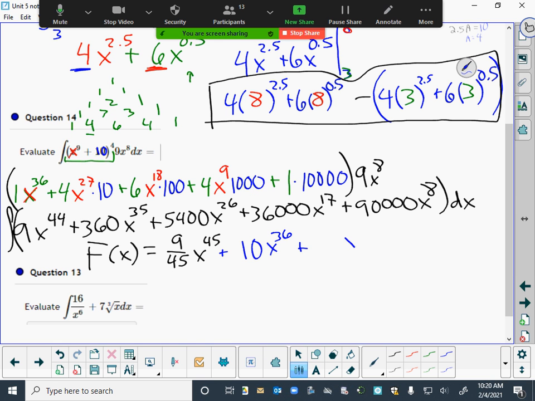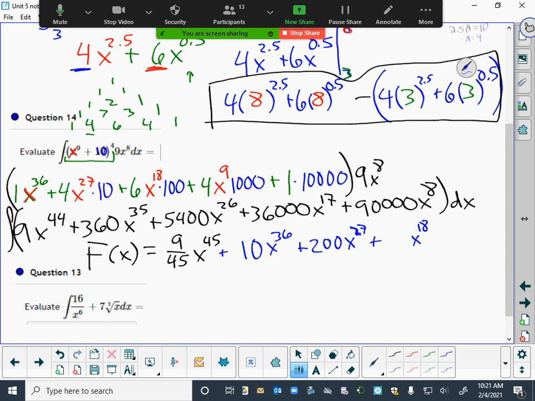This used to be an x to the 27th, and when I take the derivative of that, that comes down, and I think 5,400 divided by 27 might give me a decent number too. That's just 200. Plus, this was something x to the 18th.